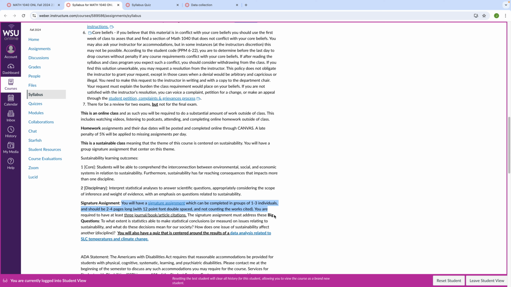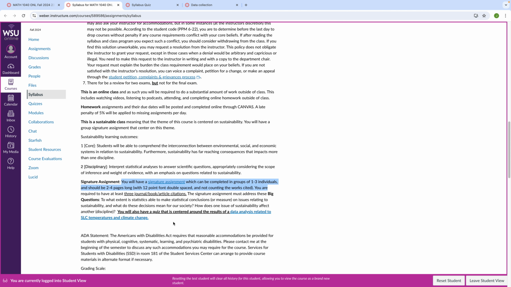And your goal is to answer the big question: to what extent is statistics able to make statistical conclusions or measure issues relating to sustainability? Okay. You'll have a quiz that is centered around this, and also a writing assignment that goes into your signature assignment.